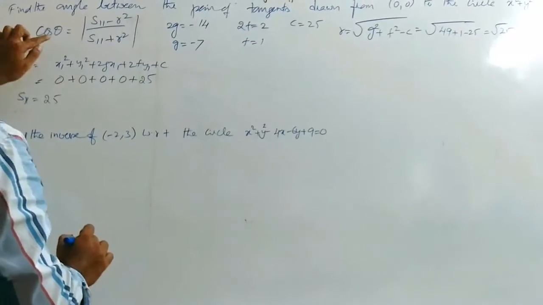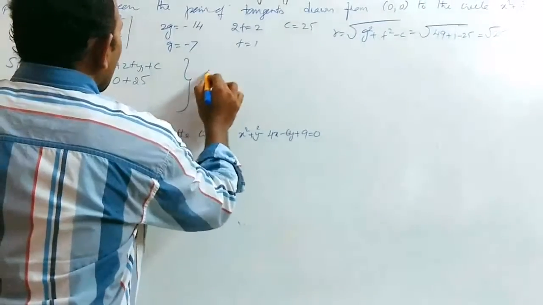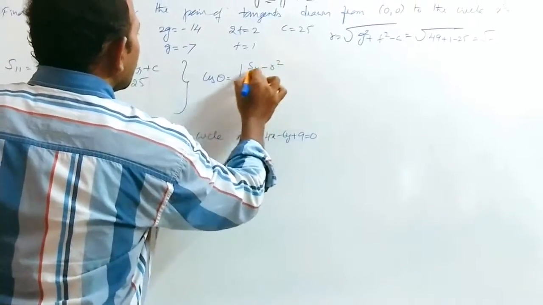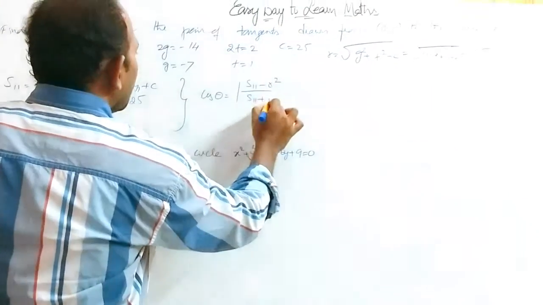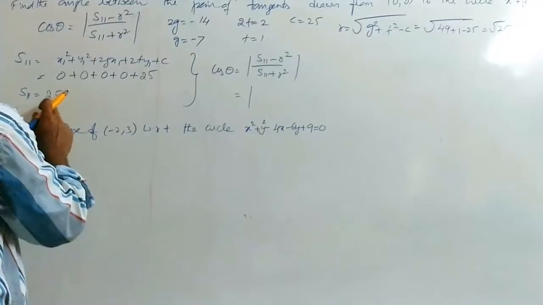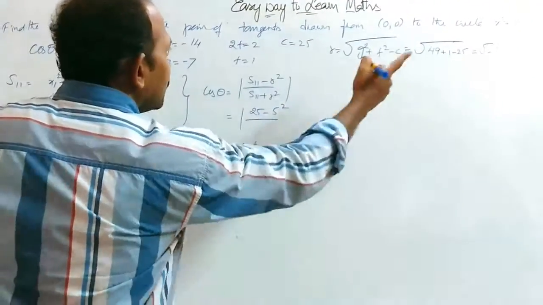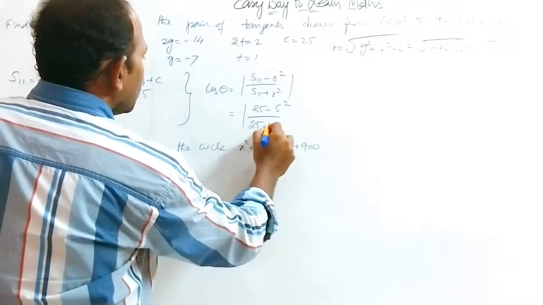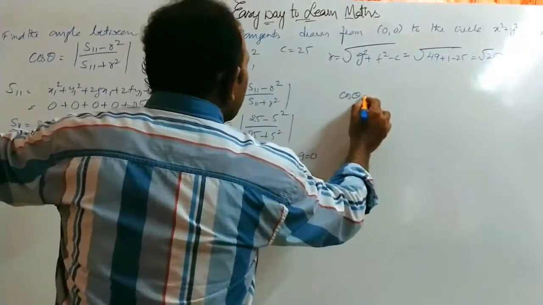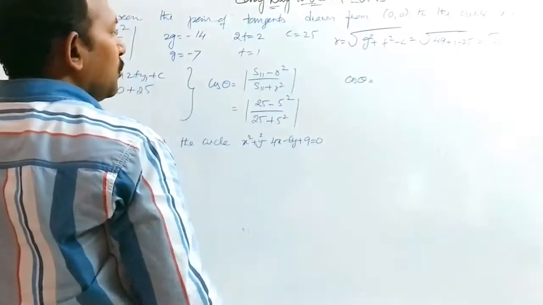Now let us make use of this formula. cos θ = |S11 − r²| / (S11 + r²) = |25 − 5²| / (25 + 5²). Therefore cos θ = (25 − 25) / 50 = 0, and 0 divided by anything is 0.